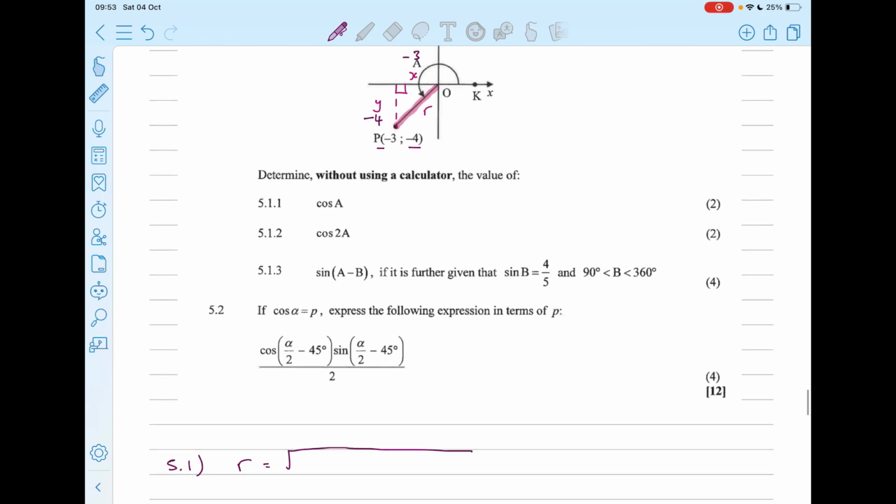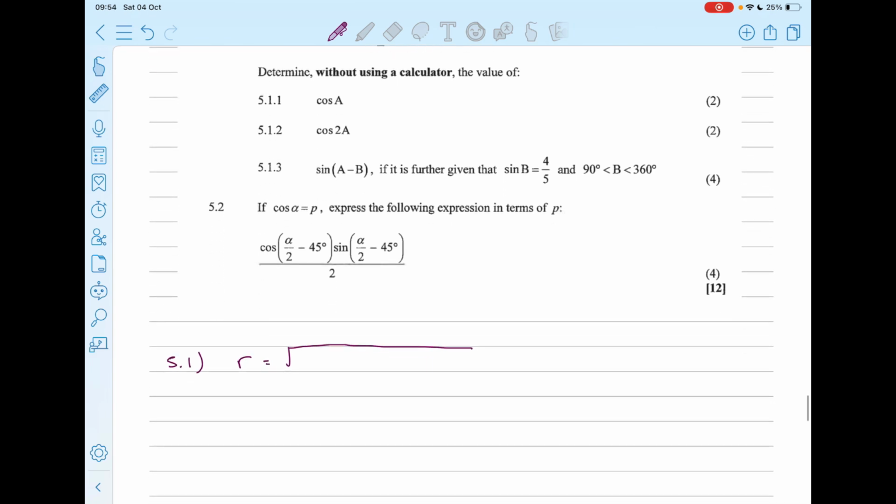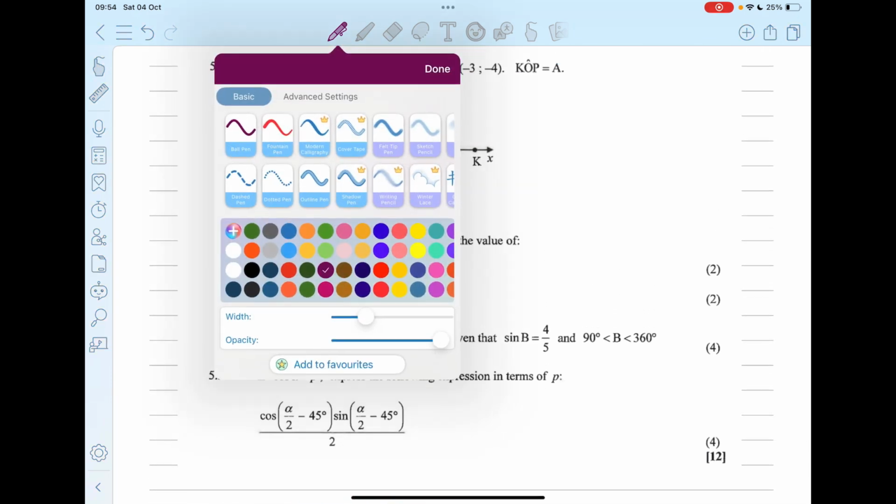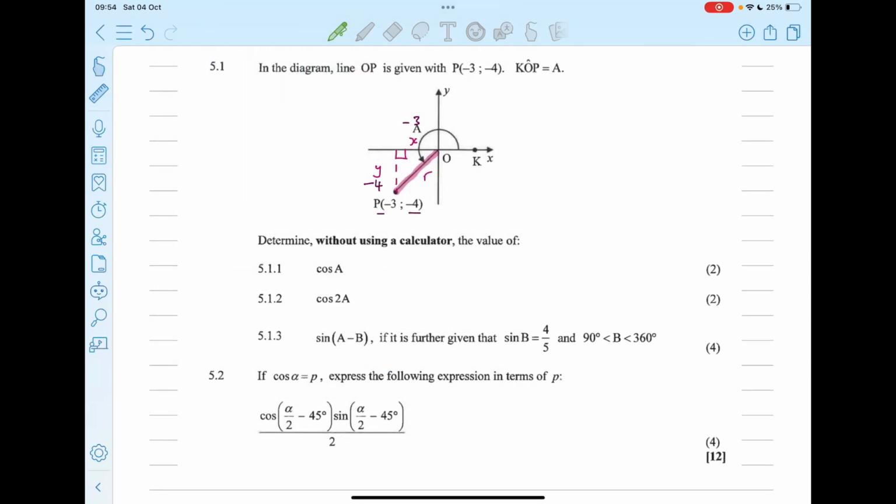I think it's easier with Pythagoras since we have X and Y. So it would be the square root of (-3) squared plus (-4) squared. 3 squared is 9, 4 squared is 16, meaning that R is the square root of 25, which is just 5.